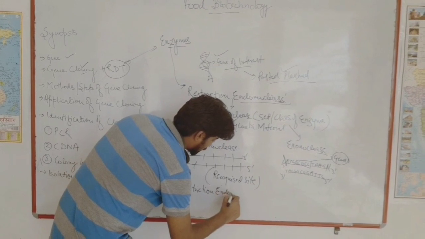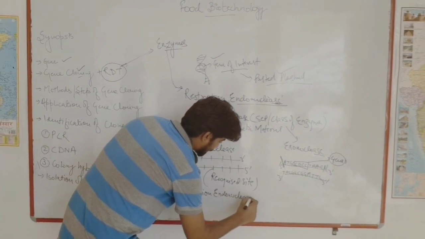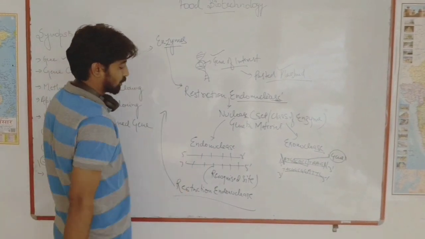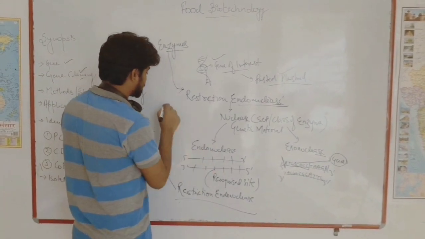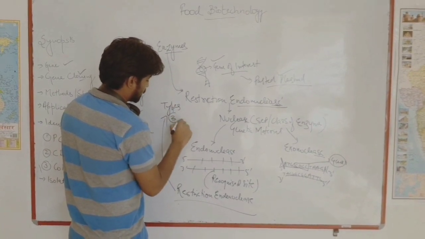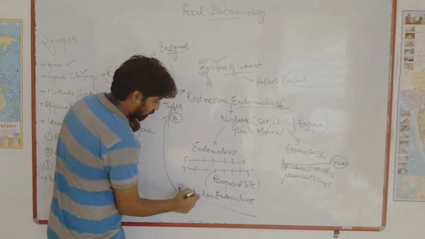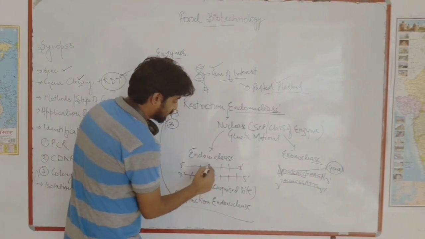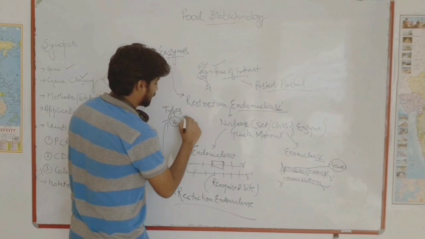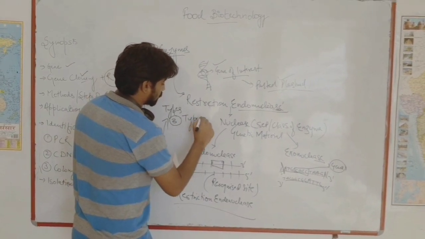Restriction endonucleases are divided into 4 types, basically 3 types. For performing the cut at the DNA sequence, specifically at the recognition site, we will take type 2.